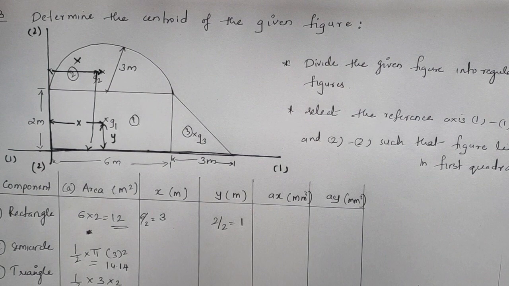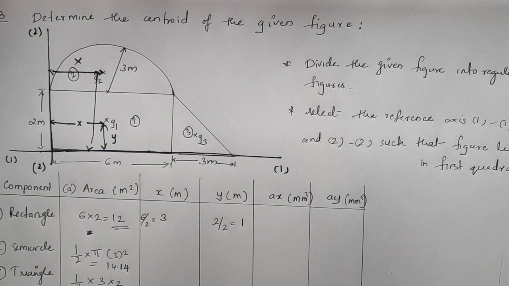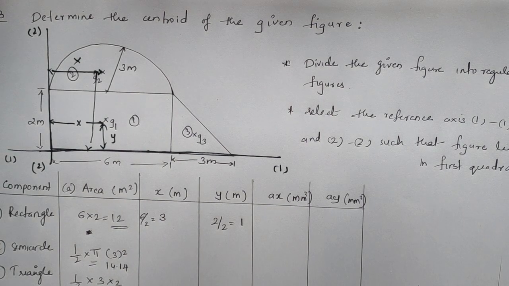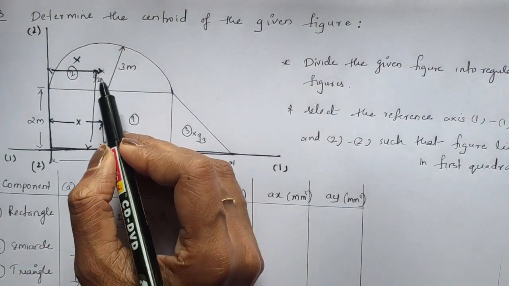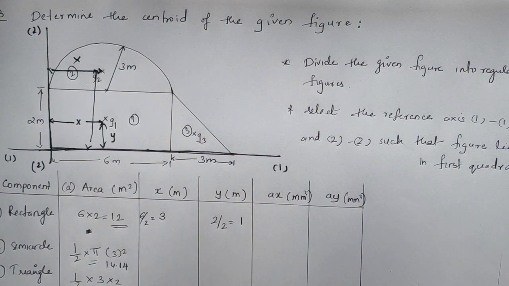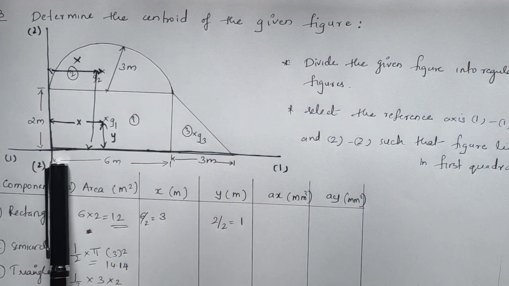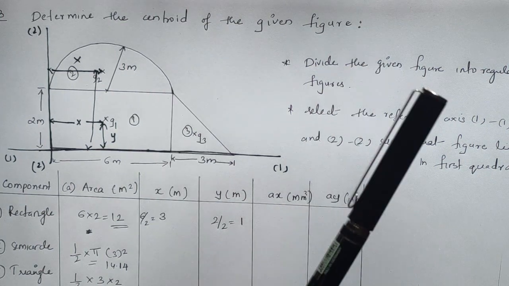That you should remember very particularly: whenever you are taking the distance, you have to take it from the reference axis till the centroid of that particular figure. From the reference axis here to this particular centroid G2, because we are considering the second figure now. So this x distance is the same as the rectangle distance, total is 6, right? So 6 by 2.